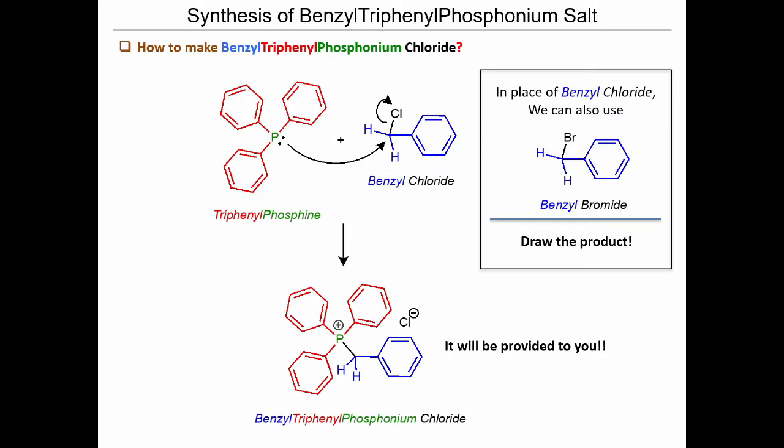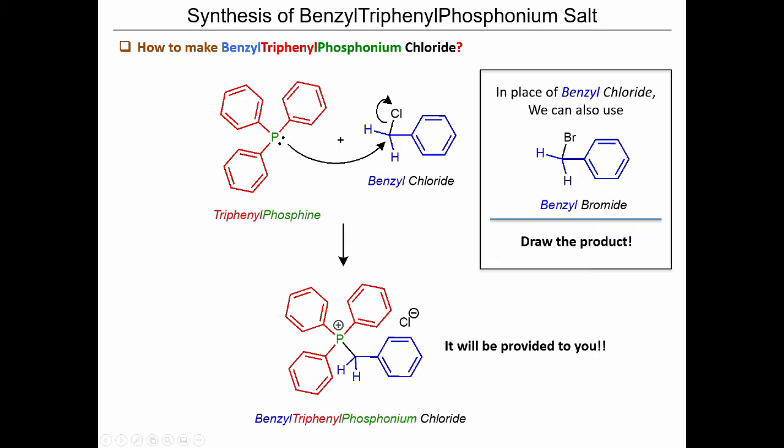So the first thing that we want to do is we actually want to start by making our reagent. We want to make this benzyl triphenyl phosphonium chloride. And so the way we're going to do this is we're going to react triphenylphosphine with benzyl chloride. So you can see that the electrons on the phosphorus atom can easily attack this carbon and kick off the chlorine. And this can be done with any halogenated benzene ring.